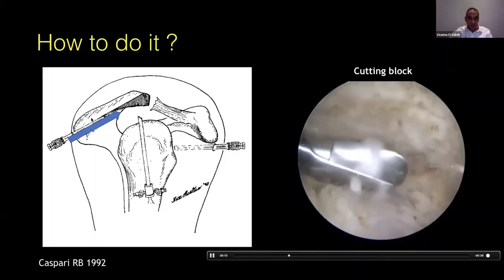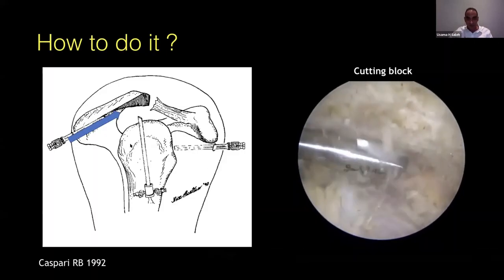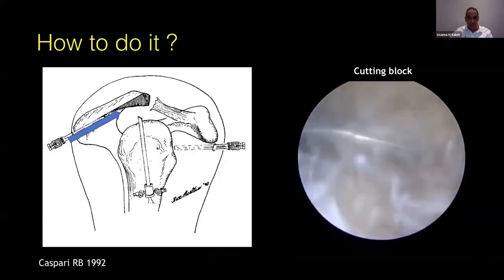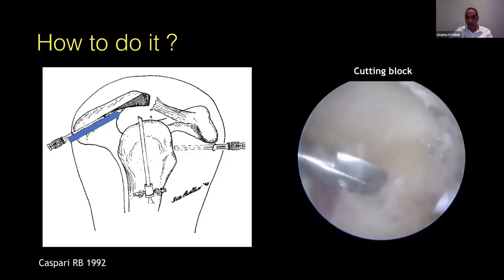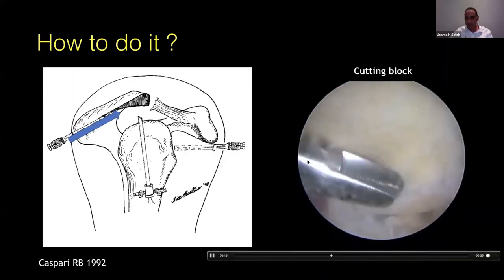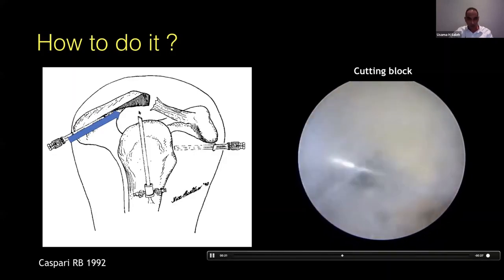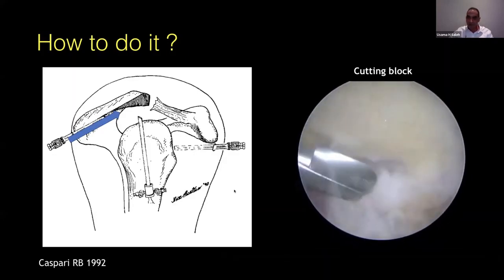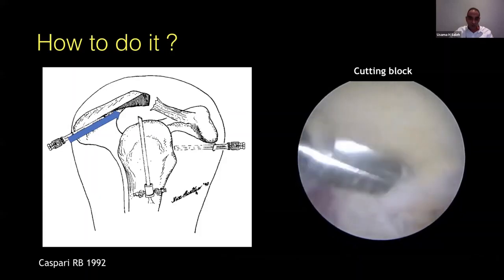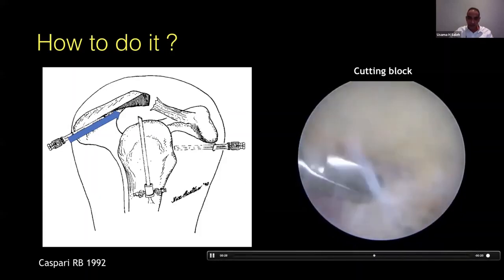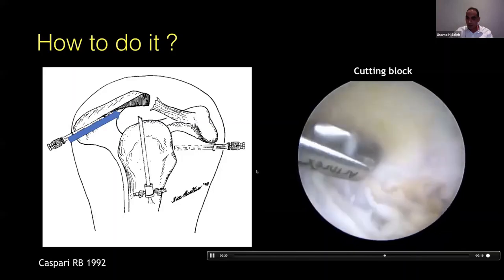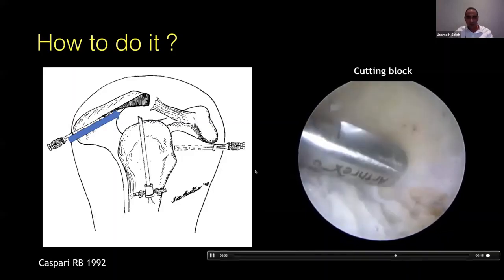You have a flat surface on the posterior surface of the acromion. Just follow this flat surface and keep going forward with your shaver until you make the whole surface in one line, turning the type 3 acromion into a type 1 acromion. And I think this is the most reproducible way to do the acromioplasty.